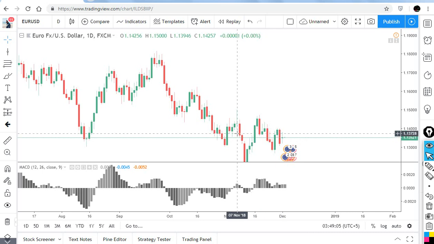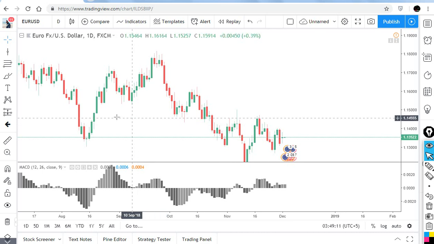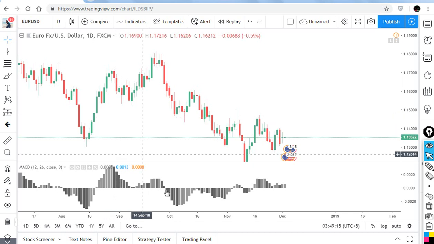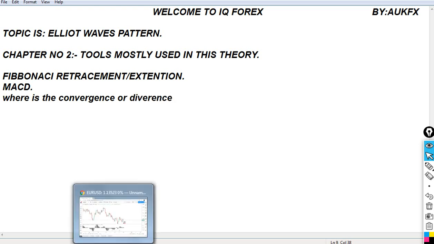So it's not the tricky way. The basic trick through the MACD is to find out where the convergence and the divergence are. That's the first part. So our first part is to find out where the convergence or divergence is.